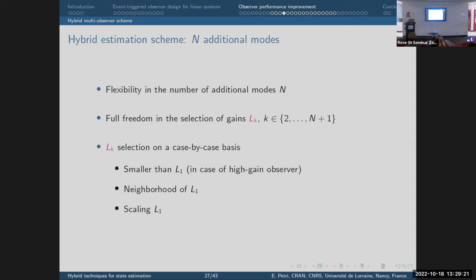In particular, in the case of a high gain observer, the nominal gain typically is really big, and this implies that the estimation error will be very sensitive to measurement noise. And an option is to select the additional gain smaller than the nominal one, in order to try to be more robust to noise. But in other contexts where we have no prior intuition on how to select the gain, we can just pick them in a neighborhood of the nominal one, or just scale the nominal one by some factors.